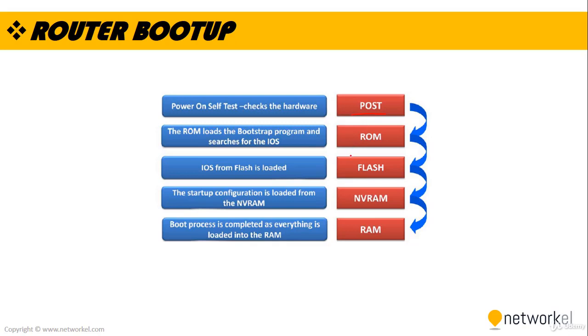Then the ROM loads the bootstrap program and searches for the IOS, which is the operating system of the router. Then the IOS is loaded from the flash, and the startup configuration is loaded from the NVRAM, and in the last step, the boot process is completed as everything is loaded into the RAM.